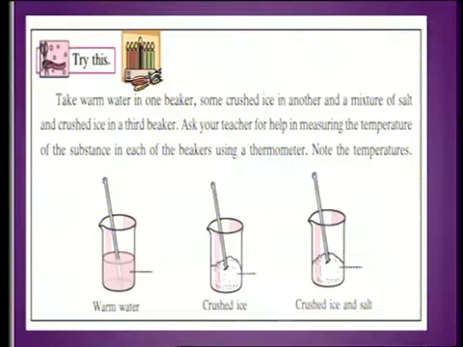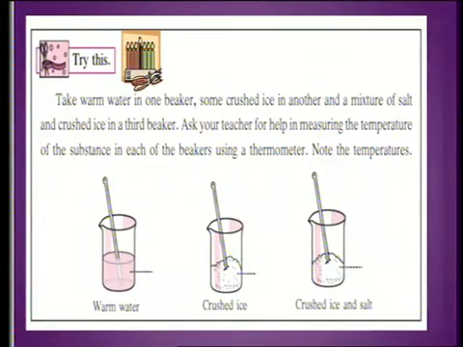For example, as in the slide, there is an activity given under the title Try This. Through this activity, students can learn how the temperature rises when a thermometer is inserted in hot water. However, the temperature settles at 0 degrees when the thermometer is placed in crushed ice.